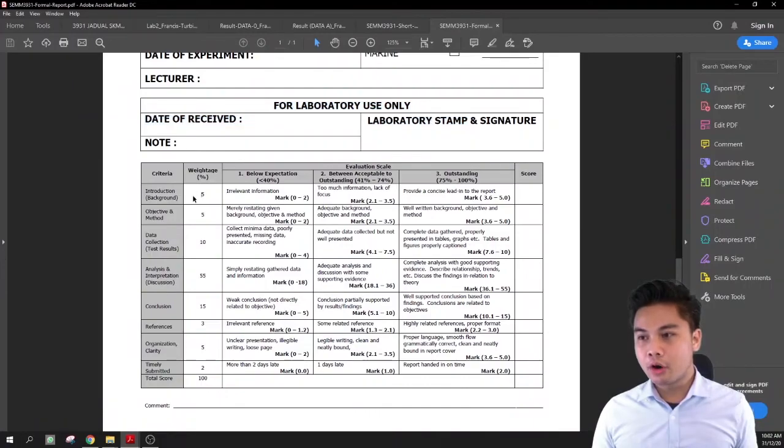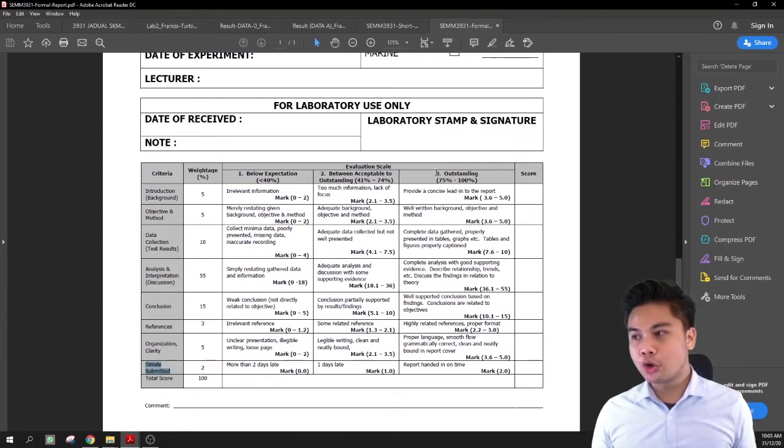For the formal report, you need to include the introduction, objective, data collection, analysis, interpretation, conclusion, references, organization and clarity, and time submitted. Please read through the rubric on how to score high.